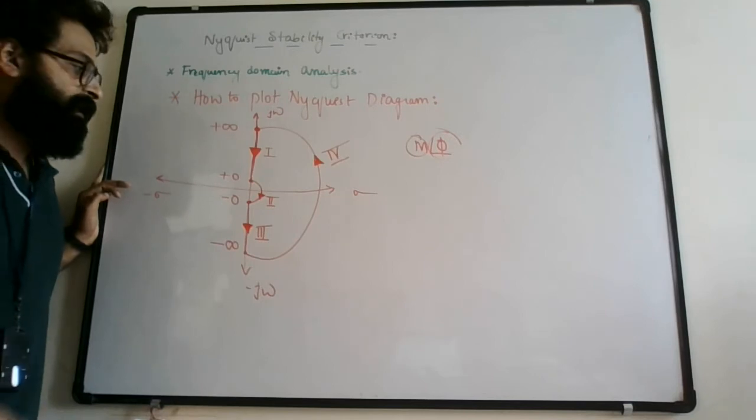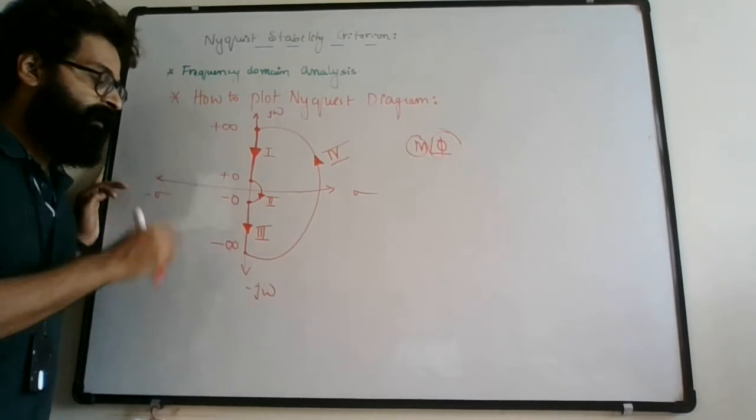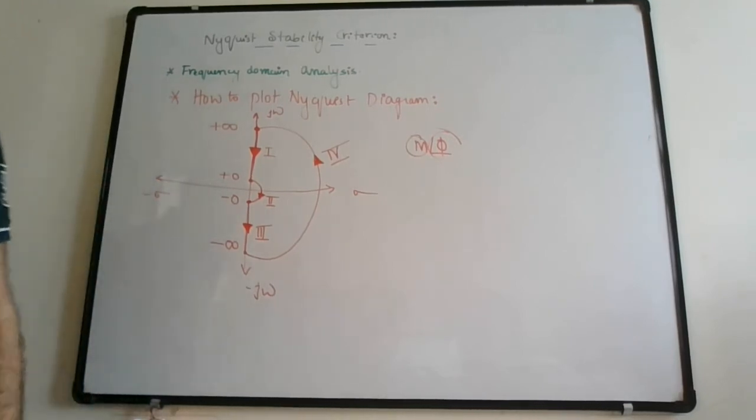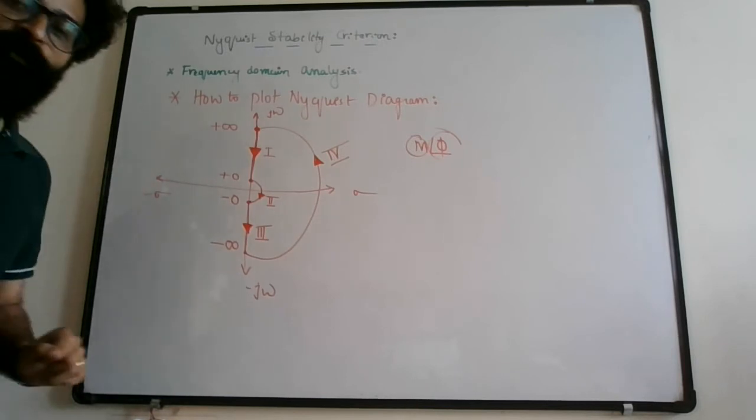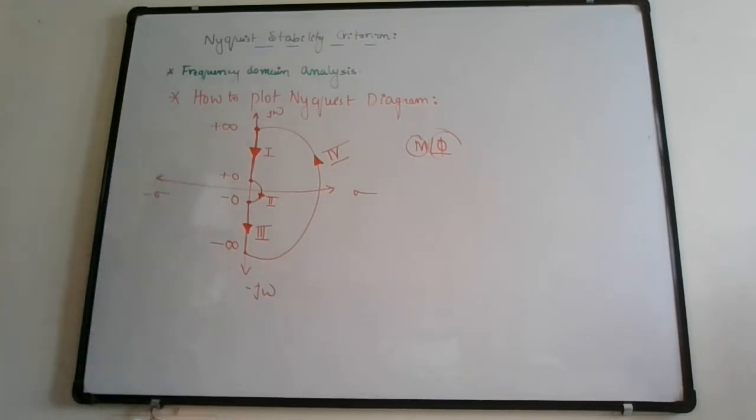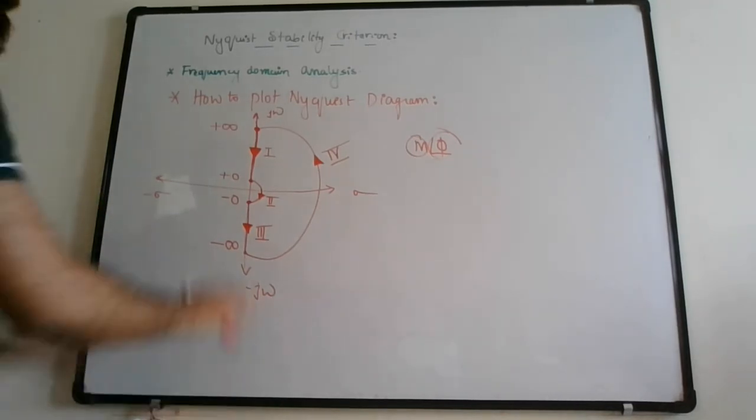Plus 0 and minus 0 can be handled very easily just by inverting the results of plus 0. So for minus 0, we just invert the results of plus 0.